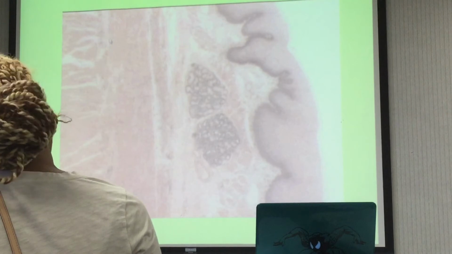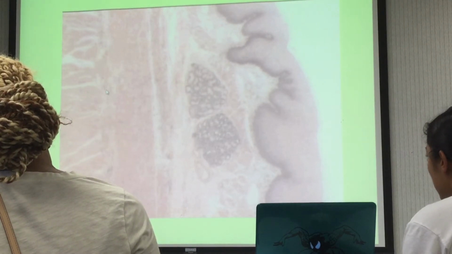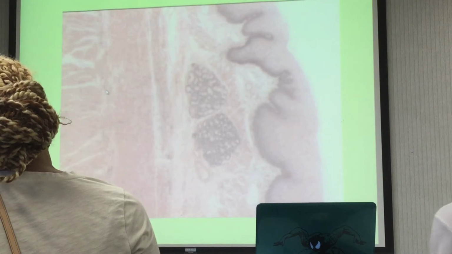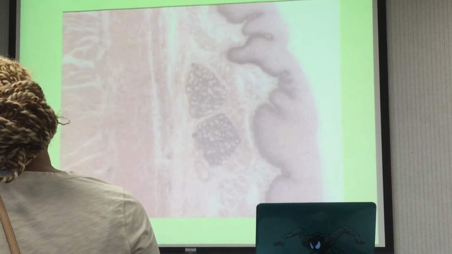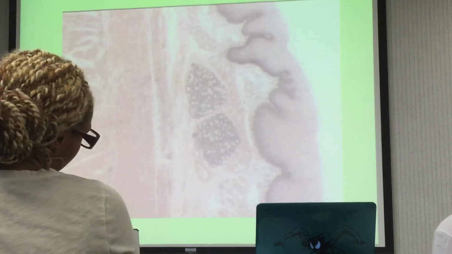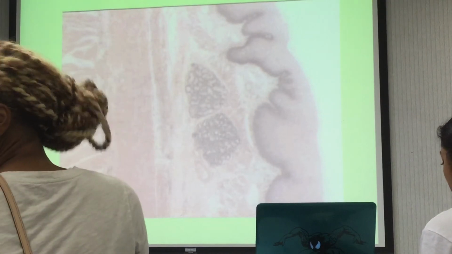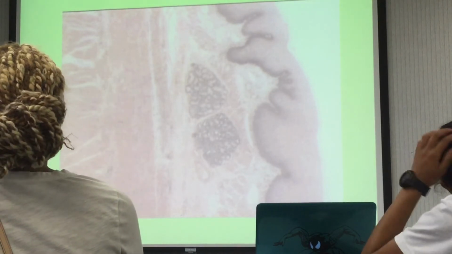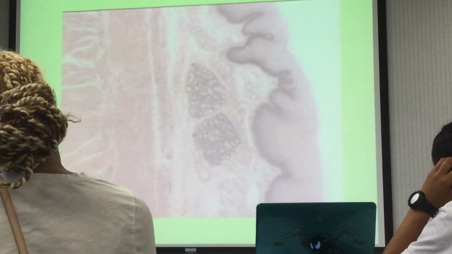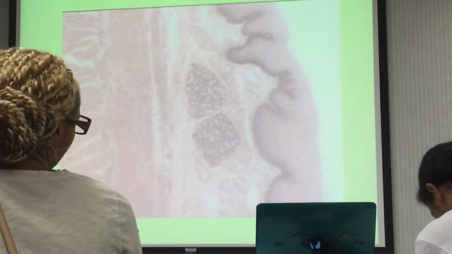What kind of structure do you see here, which is very, very important for us? A nervous structure that you have to know. What nervous system tissue do you see here between the muscle layers that controls the glands and the muscle contraction?